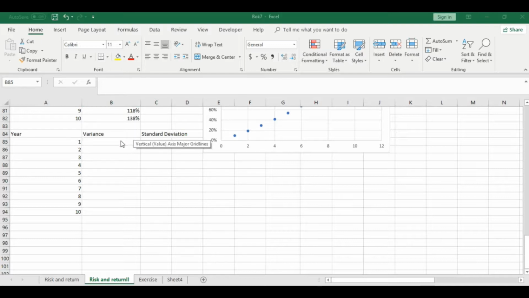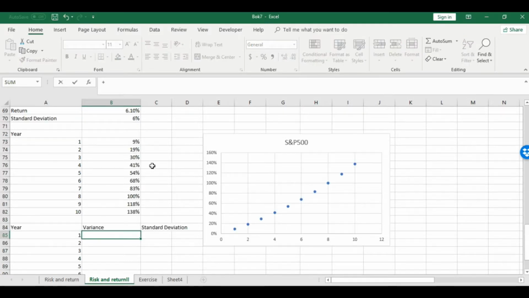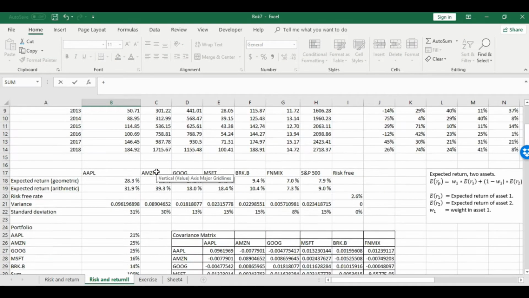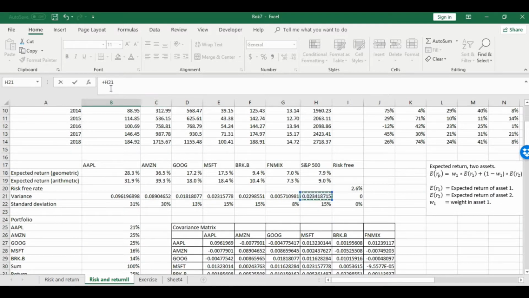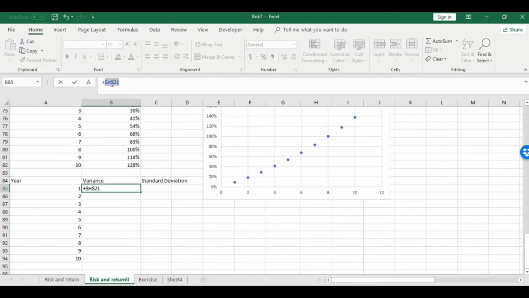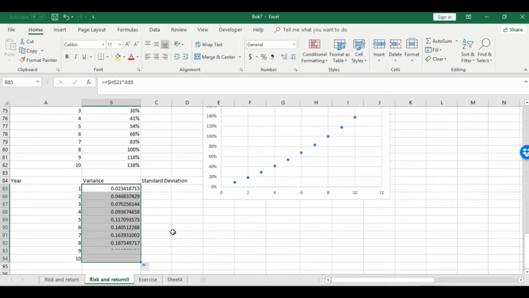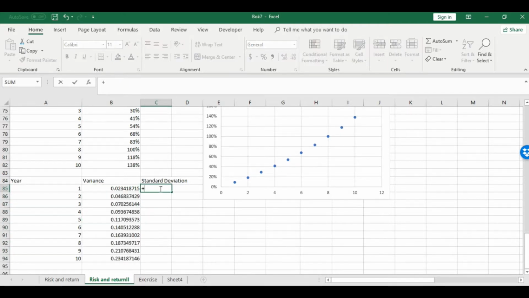So you just take the variance of the S&P 500 multiplied by the number of years. And standard deviation is the square root of variance.